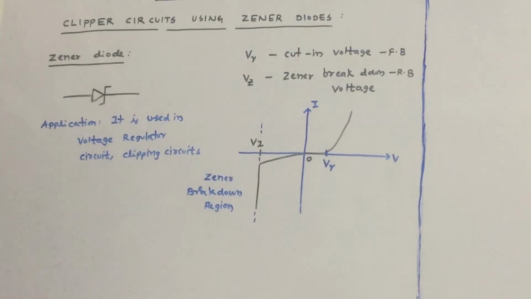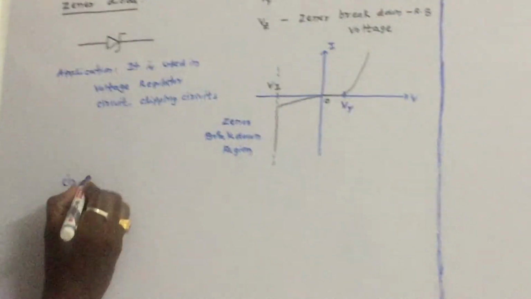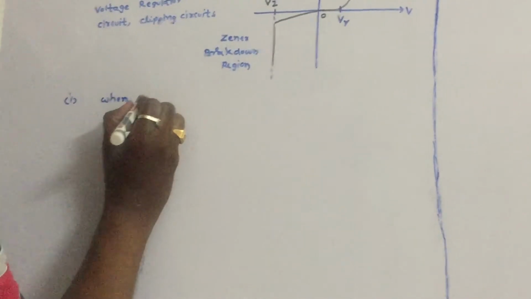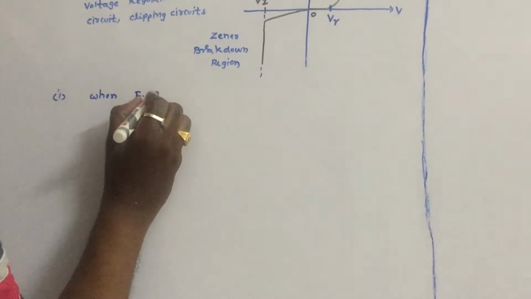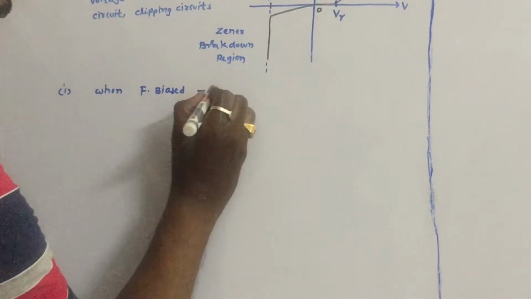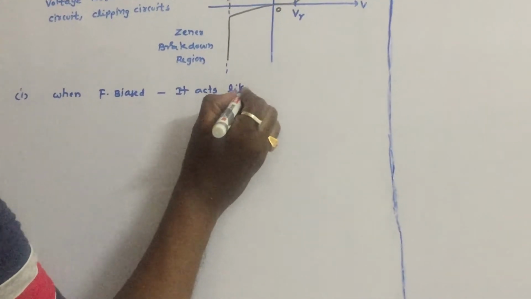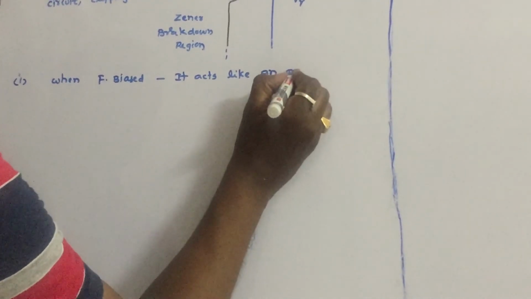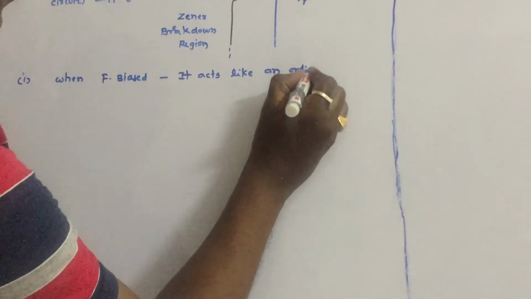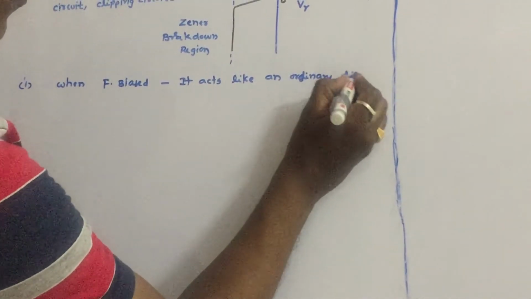So let us write these two sentences here. Number 1, when forward biased, it acts like an ordinary diode.